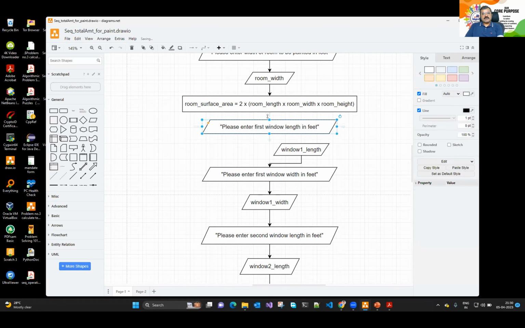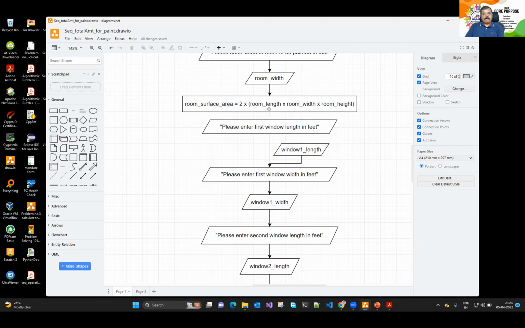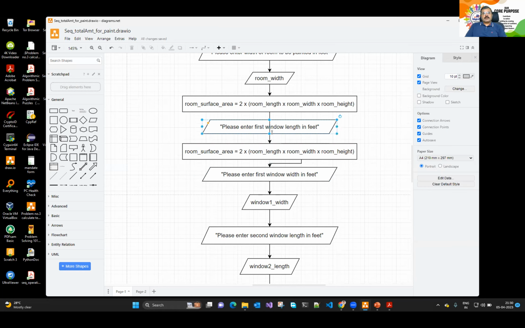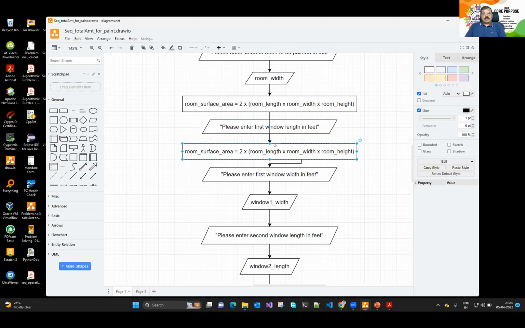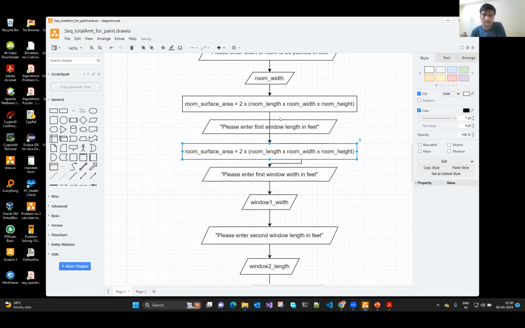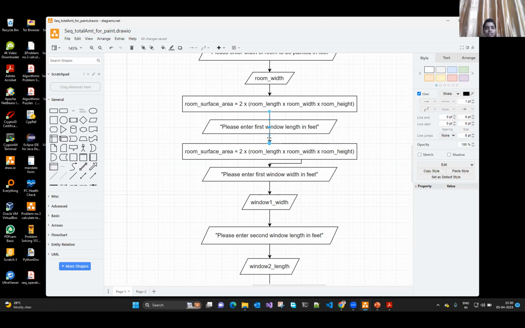ये नीचे क्यों जा रहा है? सर वो फॉर्मूला गलत है मेरे ख्याल से। हाँ सर, वो मल्टीप्लाई के जगह एडिशन होगा उसका, 2 times of length plus width plus height होगा। And twice of length plus width into height.